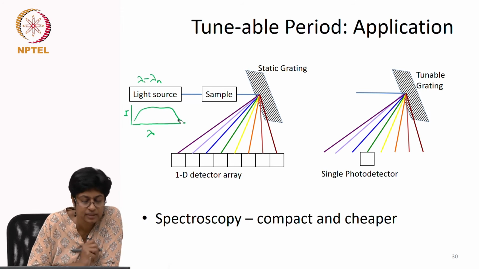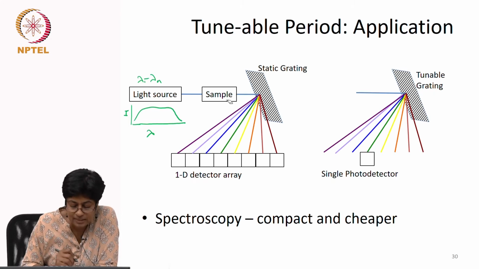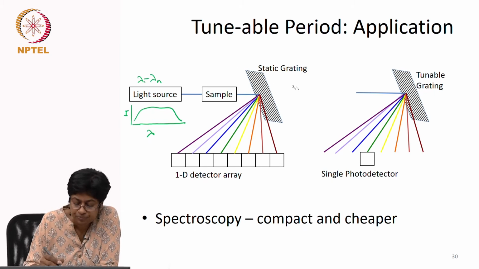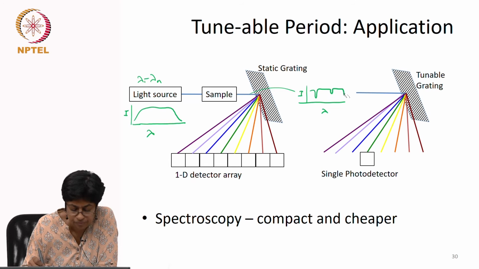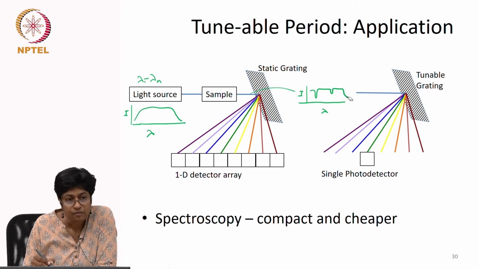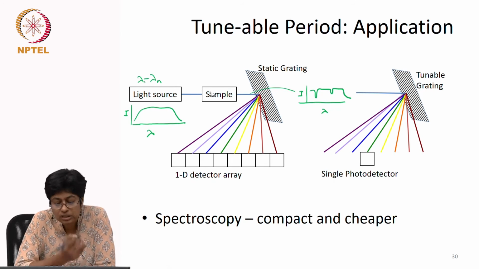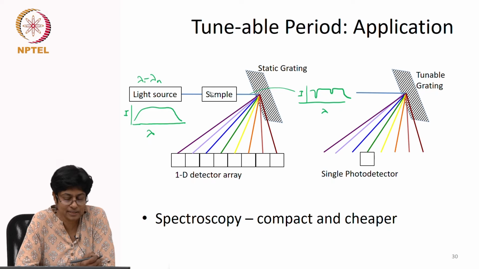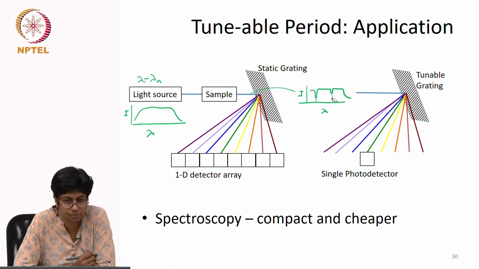So all wavelengths exist in almost the same intensity. But after the sample, if I looked at it here, maybe some wavelengths have been absorbed. From this, I can tell what that sample is or what the concentration of some chemical in that sample is, because say this wavelength was absorbed, this wavelength was absorbed.